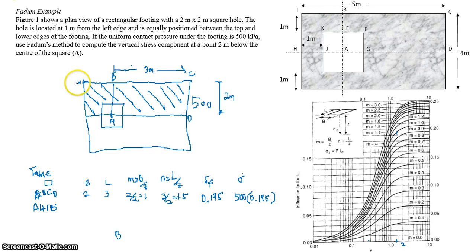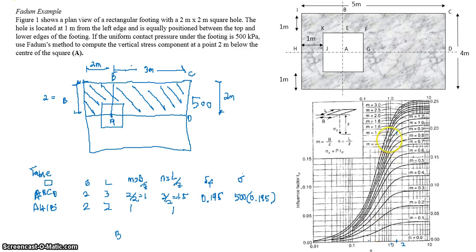Let's say this is still B, so of course it is 2, and this is also 2 meters. So B is 2 and also 2. So M is 1 and also 1, and N is 1 and also 1 for M.